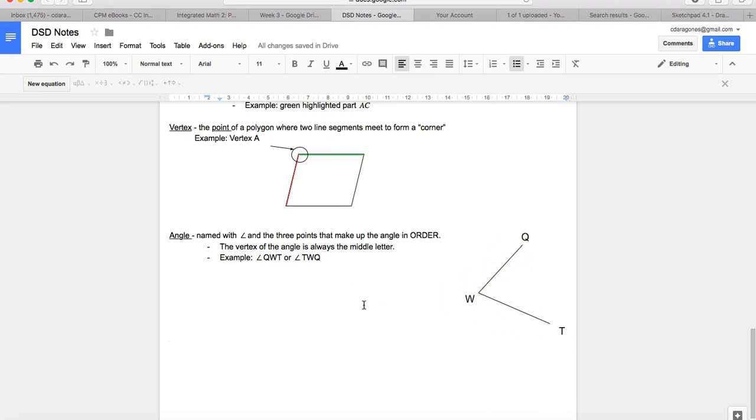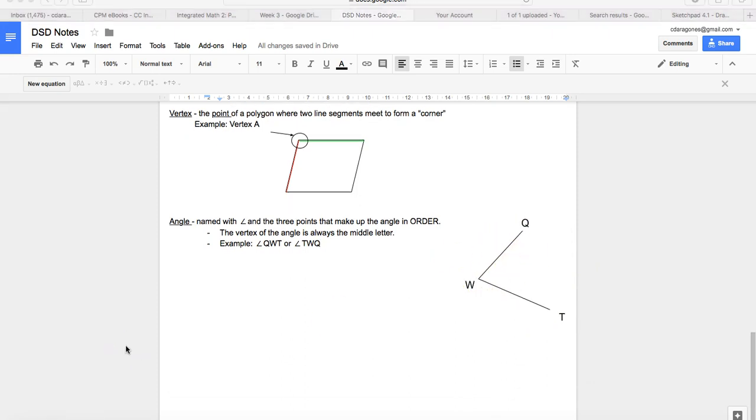If you were to name it something else, let's say QTW, you're now going from Q to T to W, which is not the same angle. It's a different angle that's being formed. Or if you went TQW, again, that's a different angle, right? If you're looking at this particular angle, you have to put the vertex in the middle of the name, so QWT. All right, so take a moment to write down this note about naming angles, and then when you're ready, let's move on to the next term.